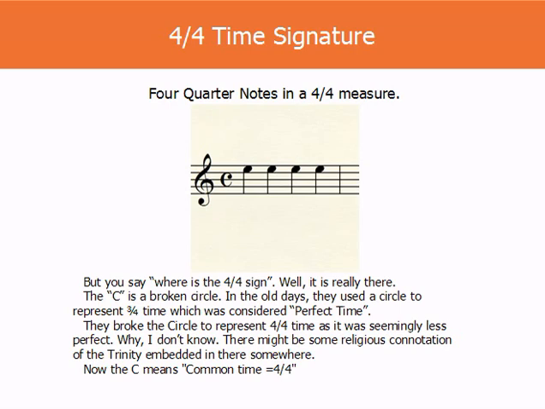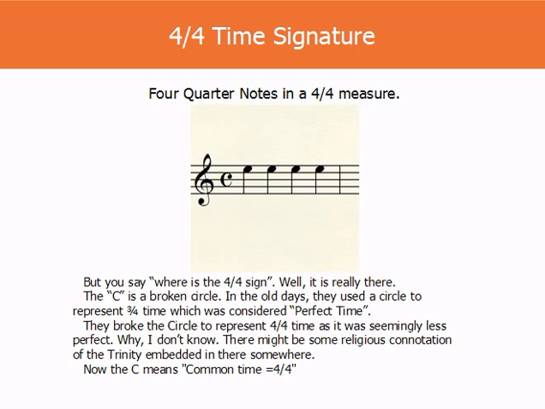But you say, where is the 4-4 sign? Where's the time signature? Well, it's really there. The C you're looking at, that fancy curvy C there, is a broken circle. In the old days, they used a circle to represent 3-4 time, which was considered perfect time. They broke the circle to represent 4-4 time, as it was seemingly less perfect.